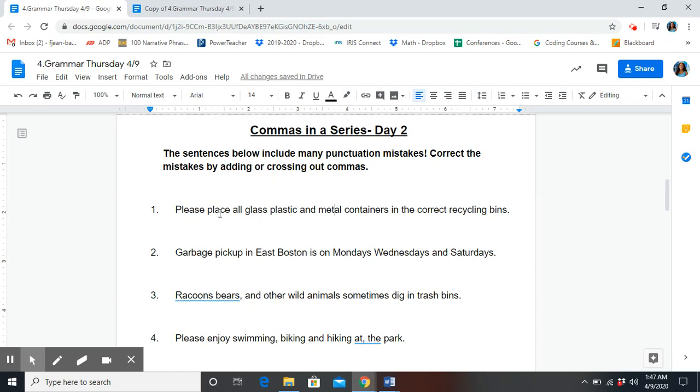The way that we're reading the sentence now doesn't really make sense. Where would I place my first comma? That's right, after glass. My next comma?